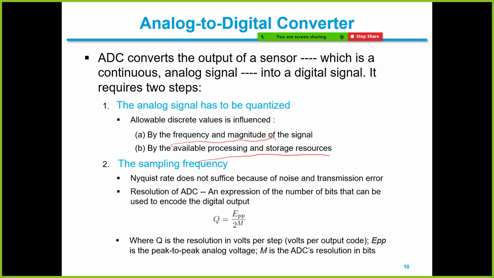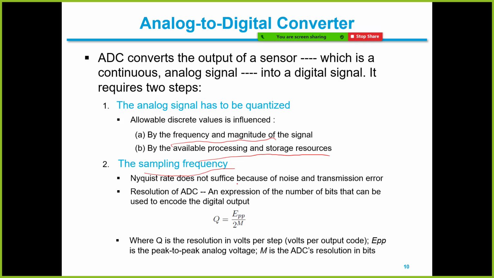Another is the sampling frequency. We know that after the quantization, we will do sampling, but what is the frequency or what is the sampling period? Because our purpose is to convert the analog signal to digital signal, but during this conversion, we don't want to lose much information.